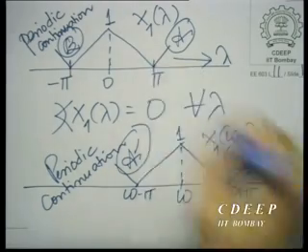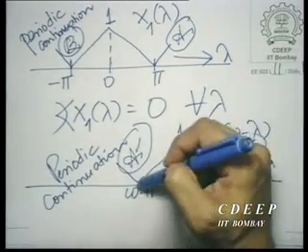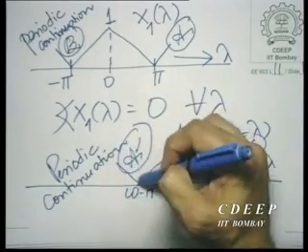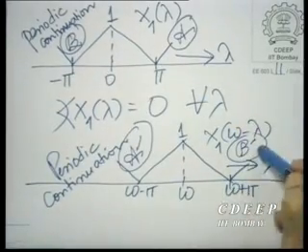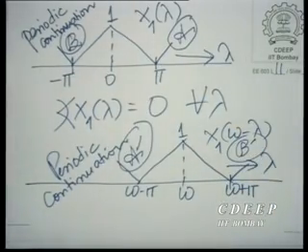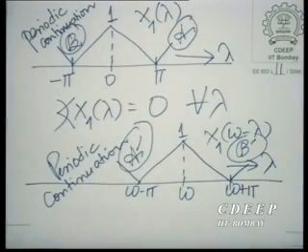And that is how we come to the conclusion that whatever was after this would now appear before this in reflected form, whatever is before this would appear after this again in reflected form. This is the relation between X1 of lambda and X1 of omega minus lambda.